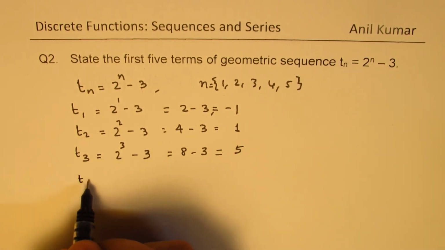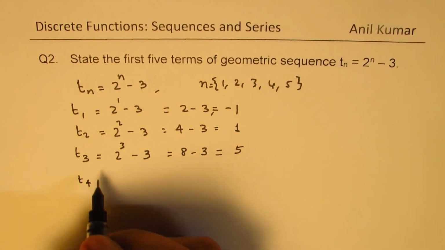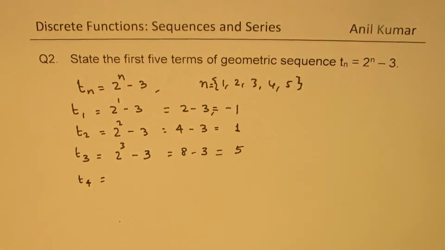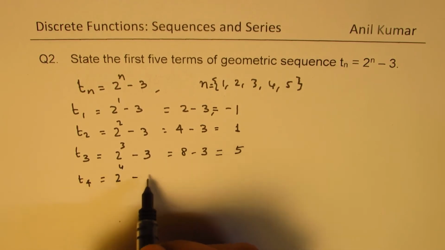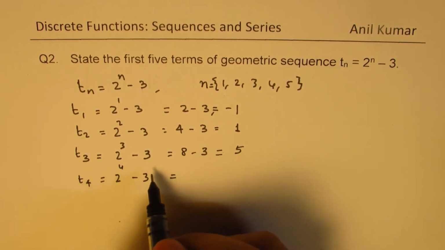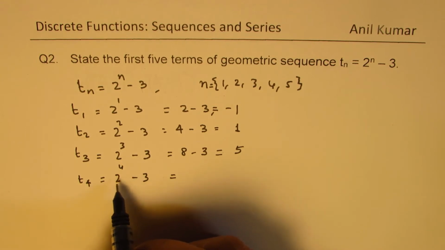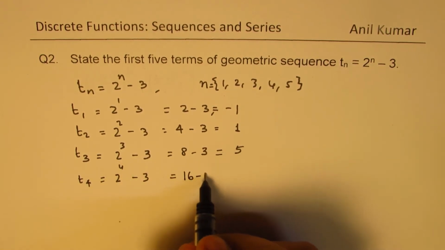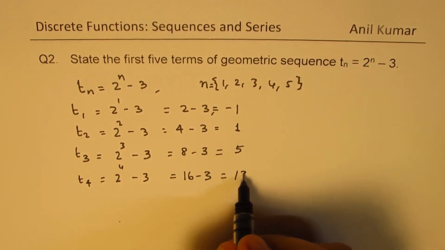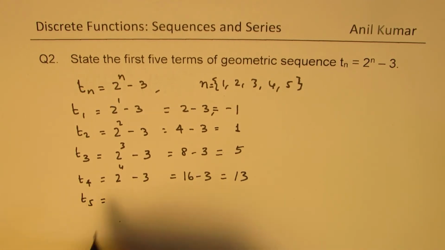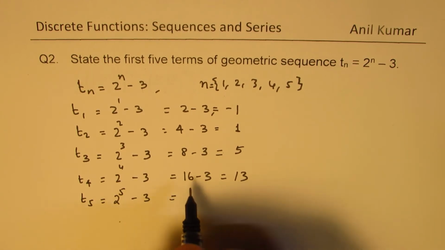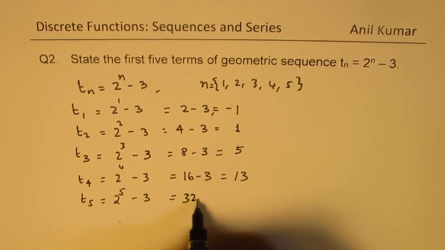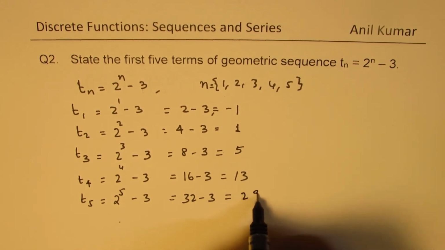So T4, it is not a geometric series, which you can see, right? So there's something wrong here. Anyway, so we'll just follow and produce the numbers, and then we can talk about it, right? So when I say T4 is 2 to the power of 4 minus 3, that is 16 minus 3, which is 13, and T5 is equal to 2 to the power of 5 minus 3, which is equal to 32 minus 3, and that is equal to 29, correct?